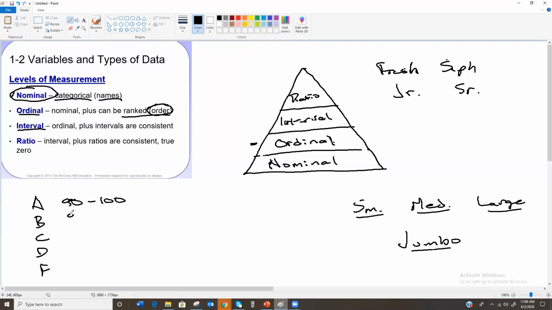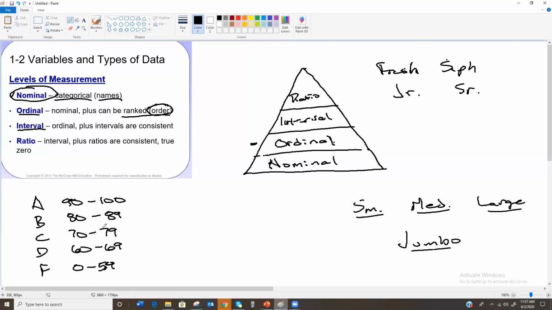A B is typically 80 to 89. C is usually 70 to 79. D is 60 to 69. And then what's an F? Anything less than a 60, so 59 and under. Yeah, so anything from 0 to 59.